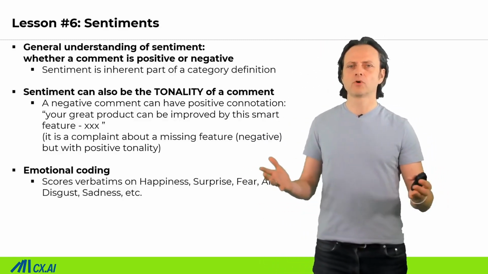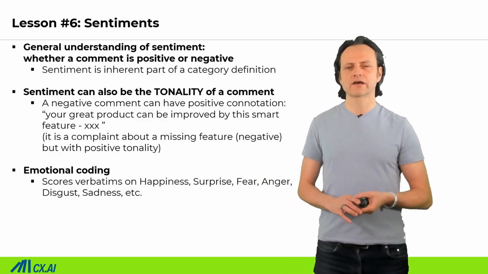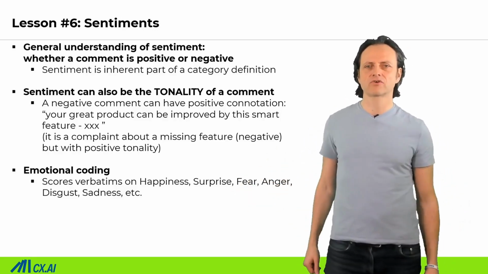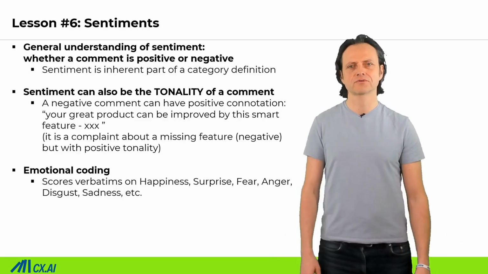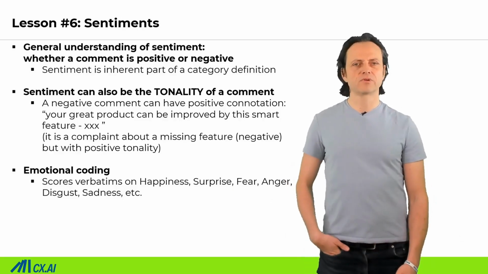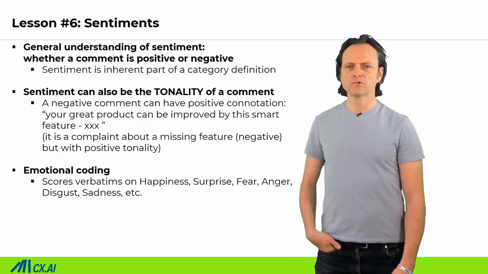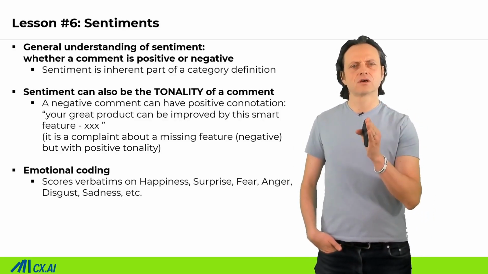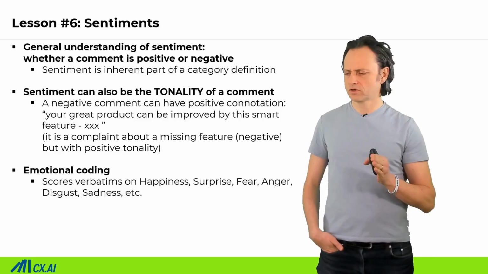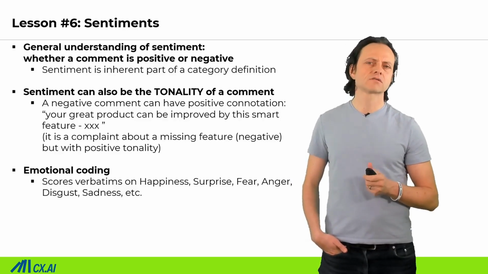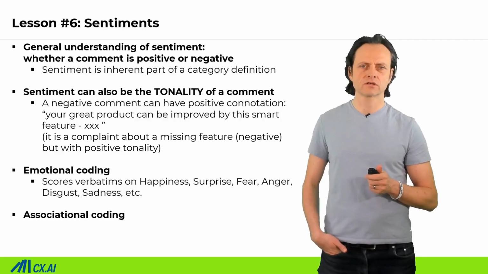Typically, you see emotions like the 7 Ekman emotions: happiness, surprise, fear, anger, disgust, sadness, and so forth. So this is something which might be interesting, but it is quite limited to this information, and there are other ways of categorizing it.